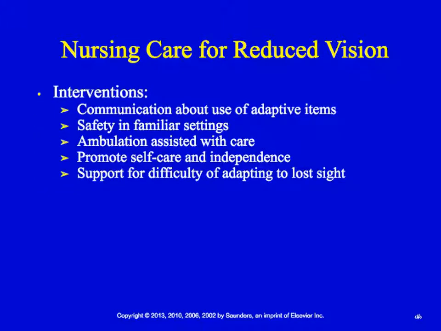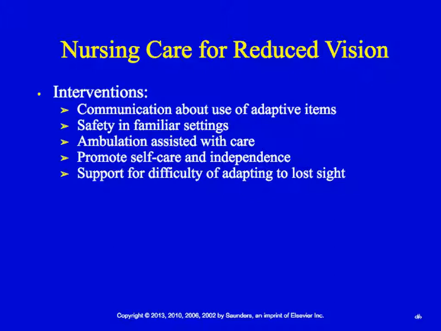This slide is a summary slide for all patients with visual impairments. As far as interventions for a nurse, it's basically communicating all the things that can help them maintain their independence and safety. Anybody with a vision disorder is at risk for injury, falls, and burns if they're not able to see clearly.